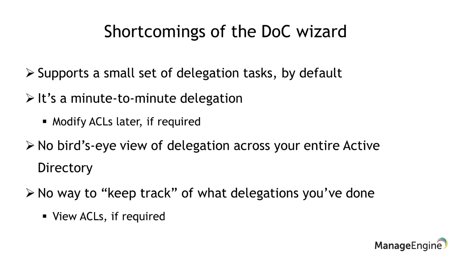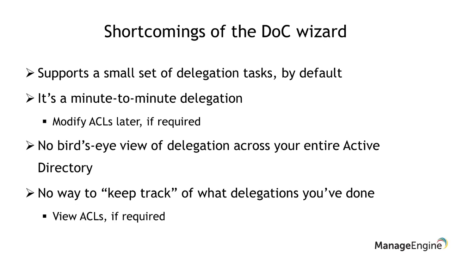If I'm trying to review the permission that I just gave to a user account using the Delegation of Control wizard, I don't get a clear picture, because you need to go back to the OU, security tab, and verify the delegations on that specific OU for that specific user account. So you don't get a bird's eye view of the exact delegation that you have performed, right?